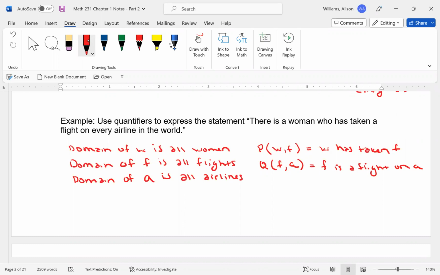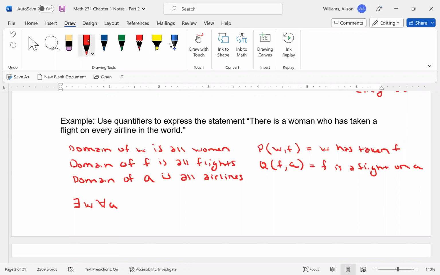Okay, so now we're going to write the statement. There is a woman who has taken a flight on every airline. Let's start with the woman. It's not a for-all statement. There is one woman. And this woman has taken a flight on every airline. So we want to start with the every airline.